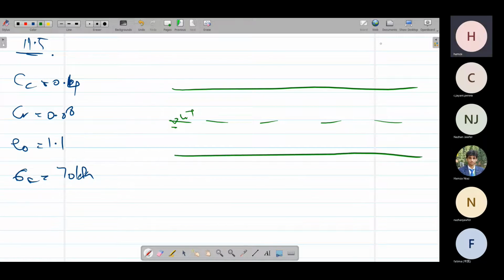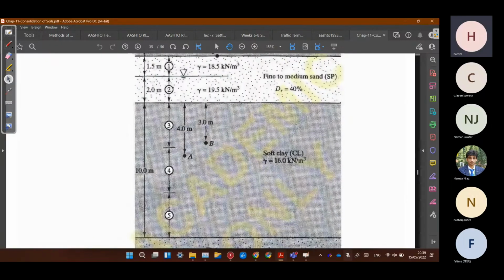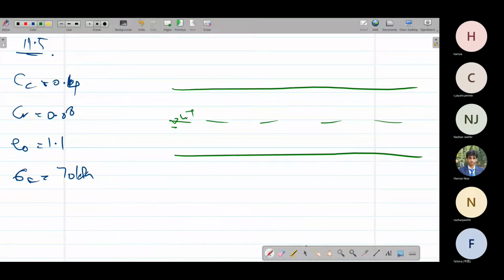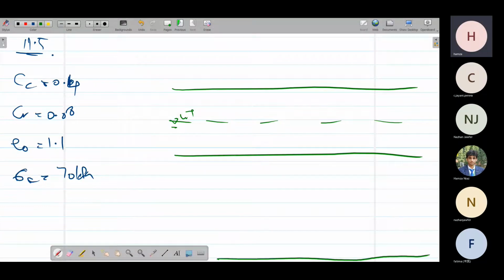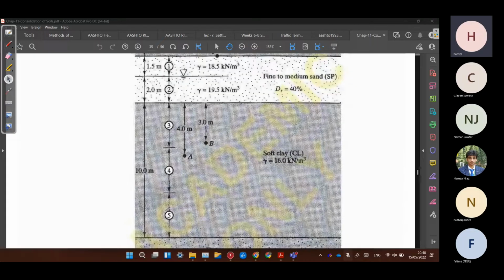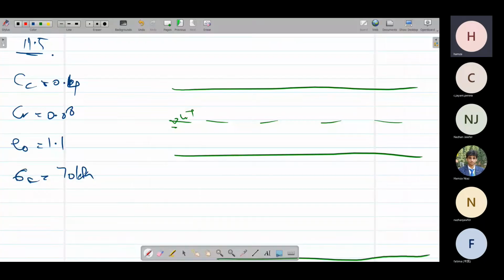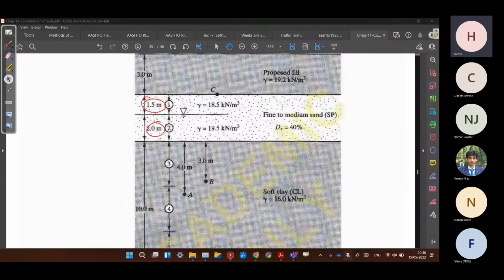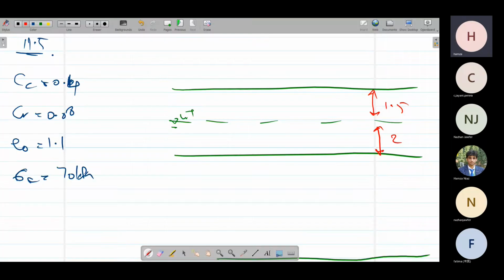This is the first layer, and a 10 meter layer as the last layer. The first layer is 1.5 meters, the second is 2 meters, then 1.5, then 2, and this is 10 meters. This is a very large layer, so we can divide it into smaller parts.